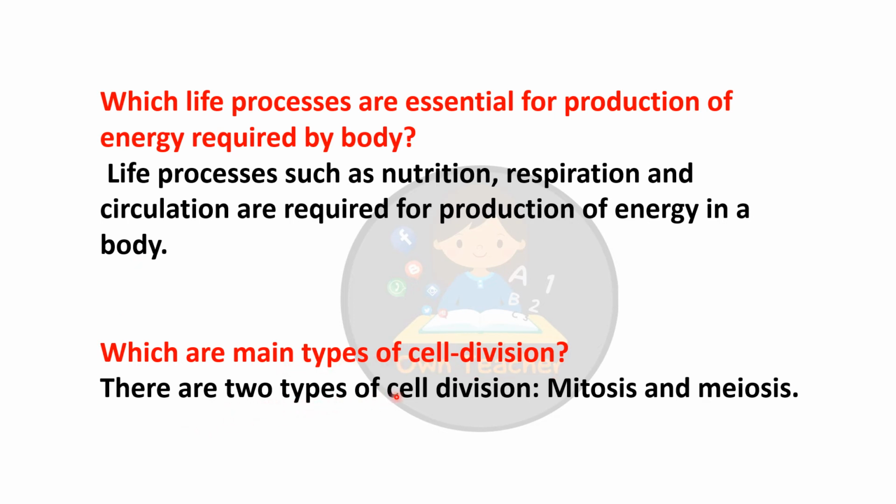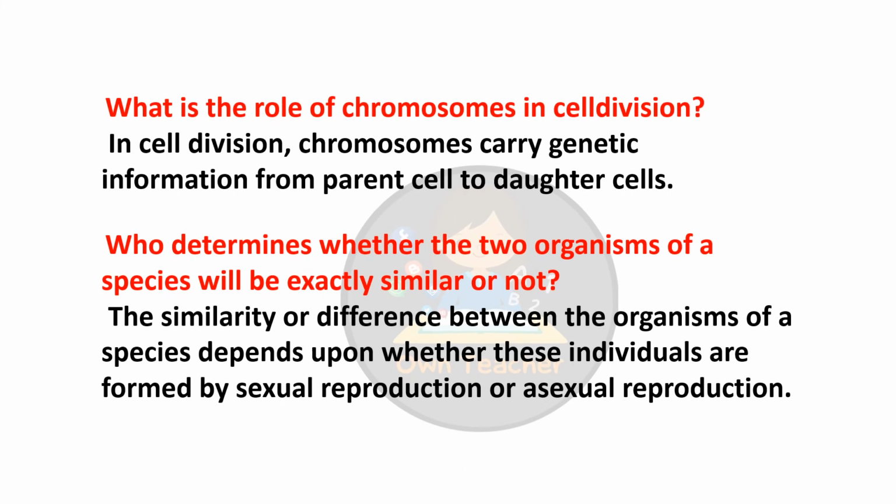There are two types of cell division, mitosis and meiosis. What is the role of chromosomes in cell division? In cell division, chromosomes carry genetic information from parent cell to daughter cells.